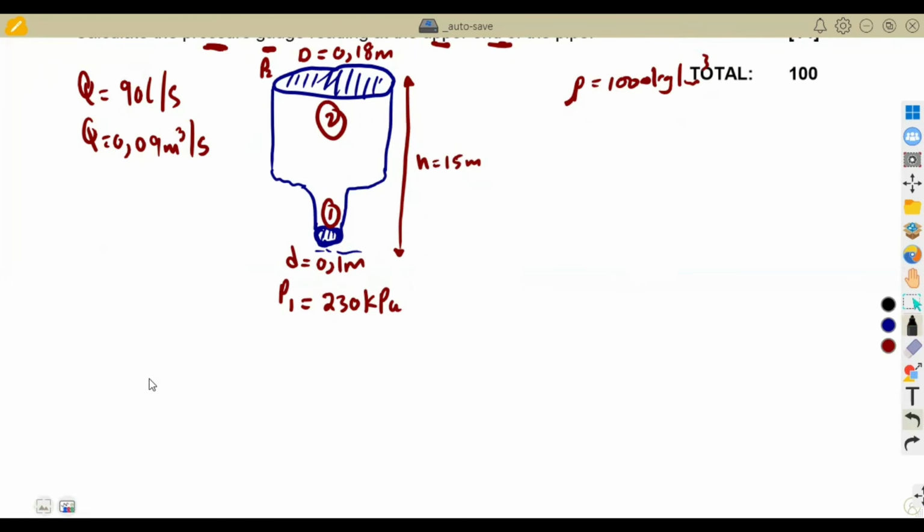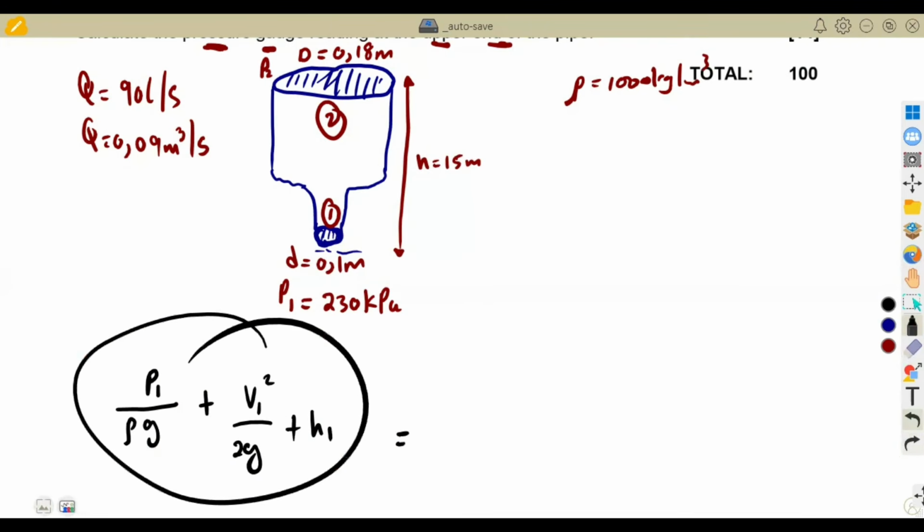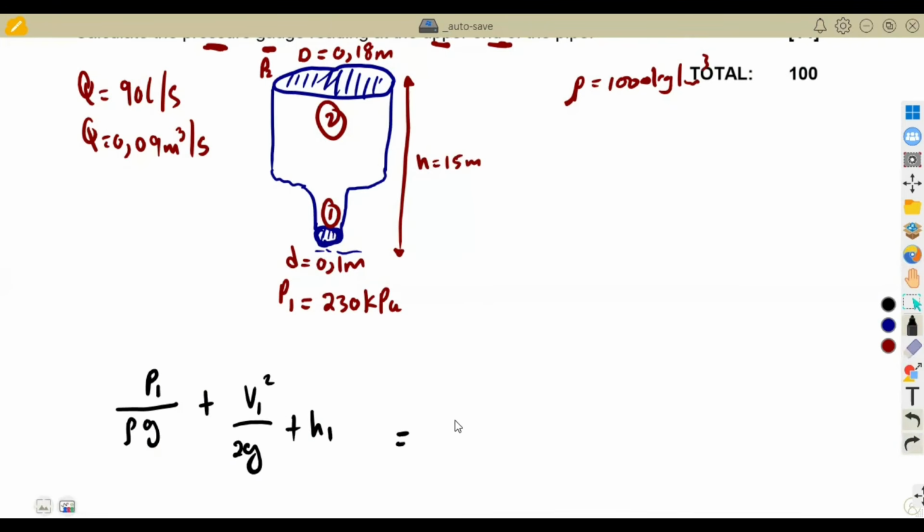We say that P1, pressure, over density times gravitational acceleration, plus V1 squared, the velocity there, over 2g, plus H1 for the height, is equal to the same on side 2. So it's going to be P2 over density times gravitational acceleration, plus V2 squared over 2g, plus H2, just like that.